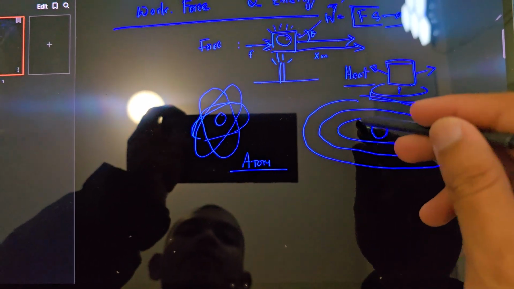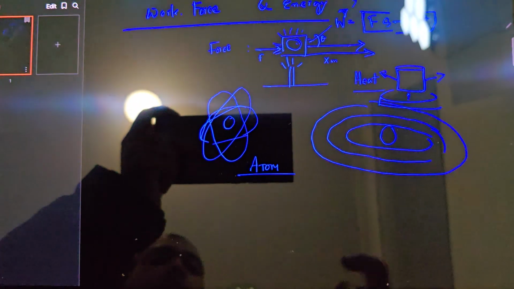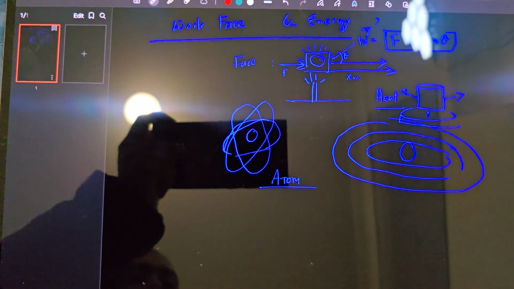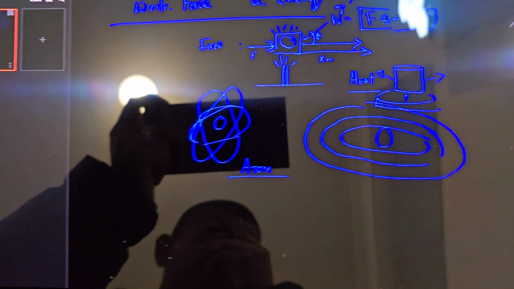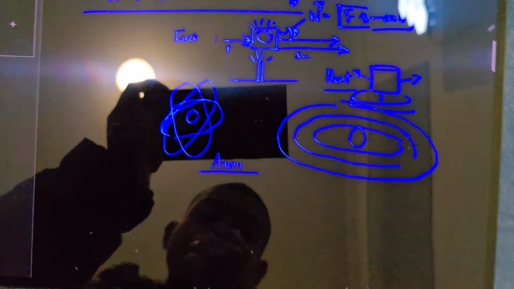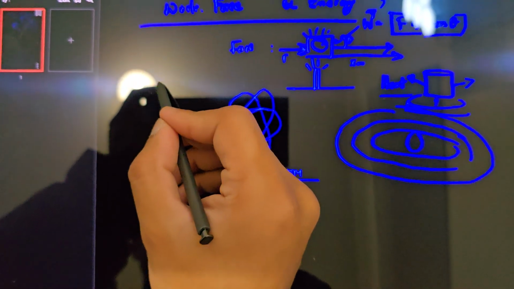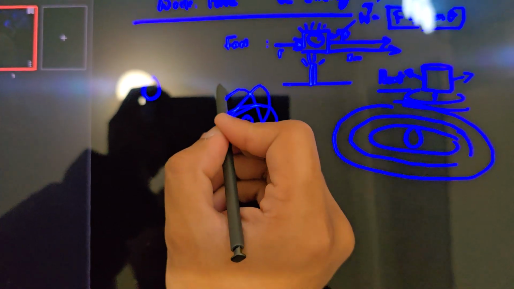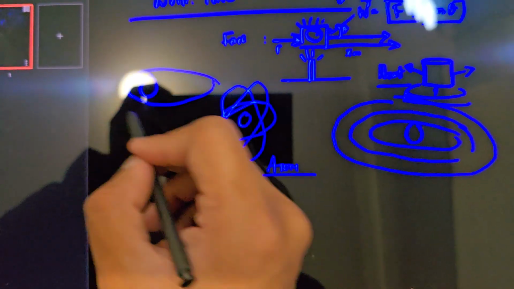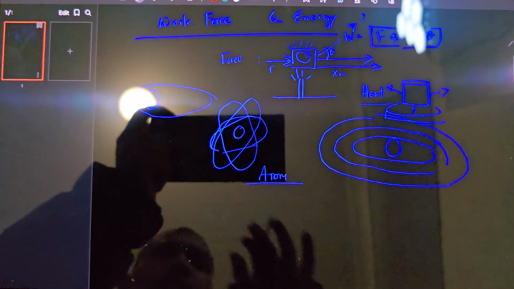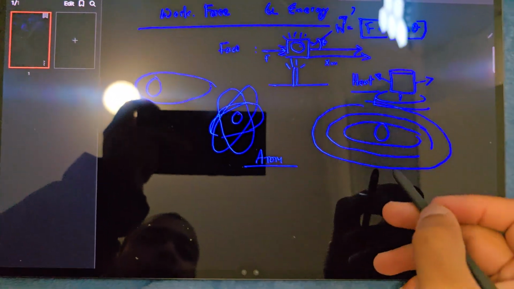There are other laws for it, Kepler's and a few others. The planets rotate around the sun like this, not like this. The sun doesn't stay in the middle.